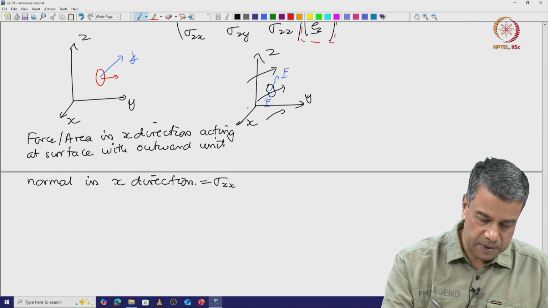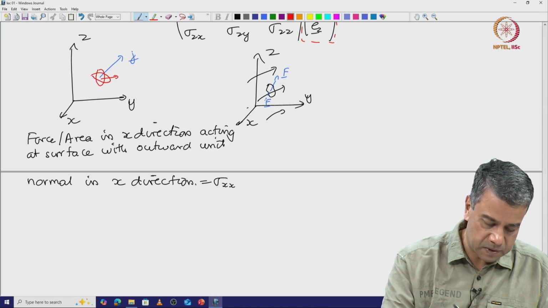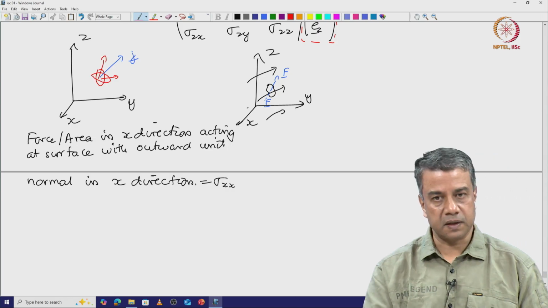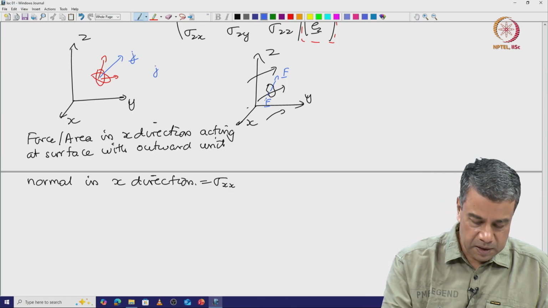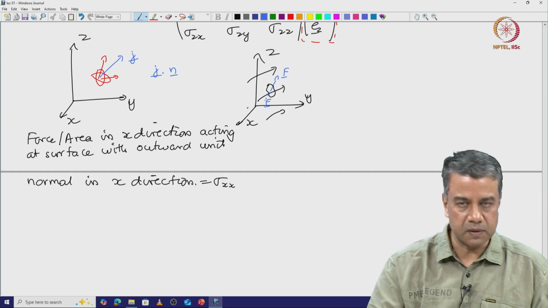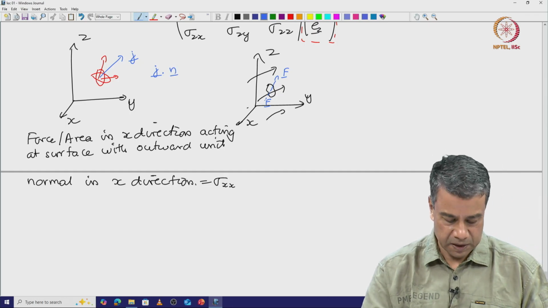It will be different in this case as opposed to, for example, if you had a surface whose unit normal was in this direction. And that mass transported per unit area per unit time is equal to j dotted with the unit normal across the surface.